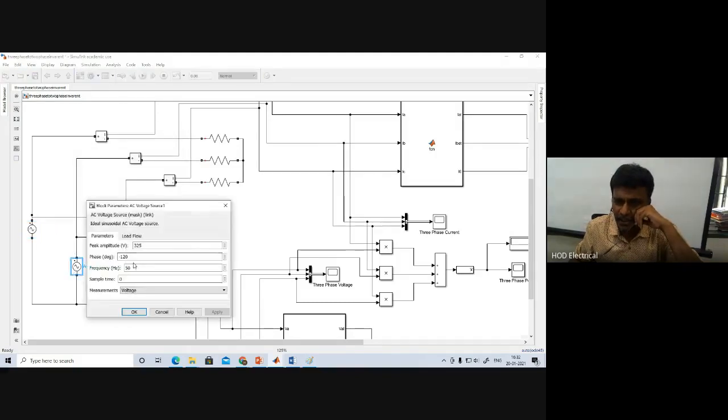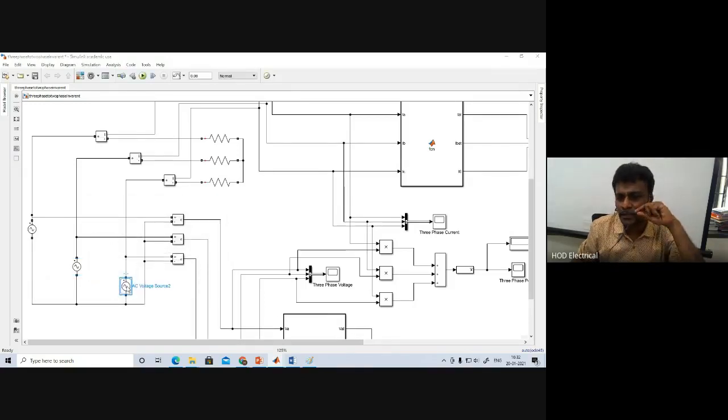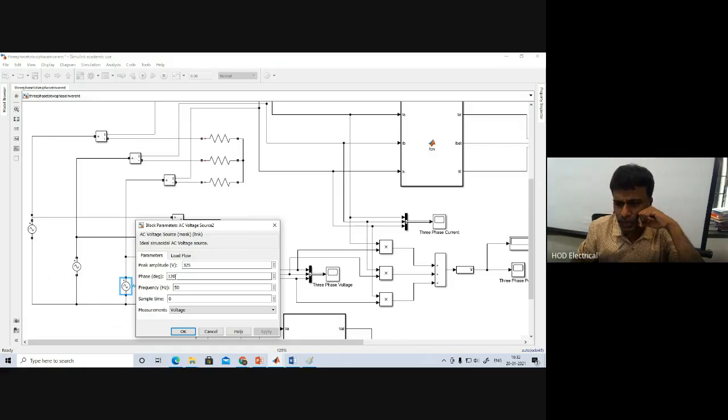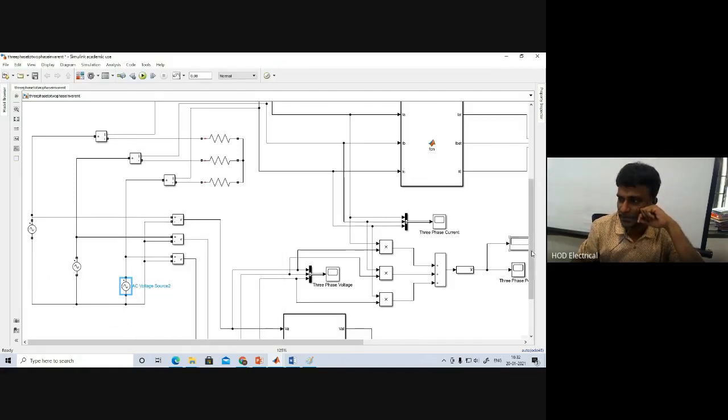Then the phase is displaced by 120 degrees lagging, so I have given the phase as minus 120 degree. Other values are the same. Then here the phase is 120 degree, that means minus 240 degree. So these are the three phases.